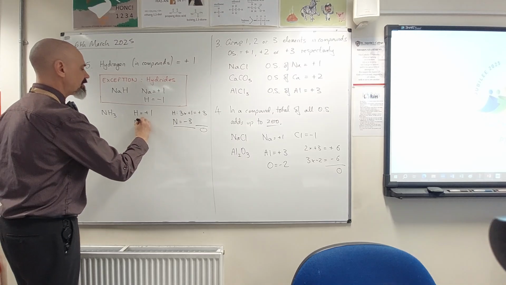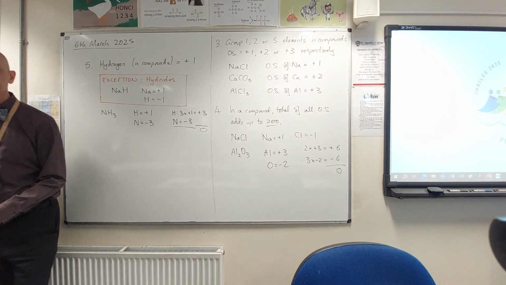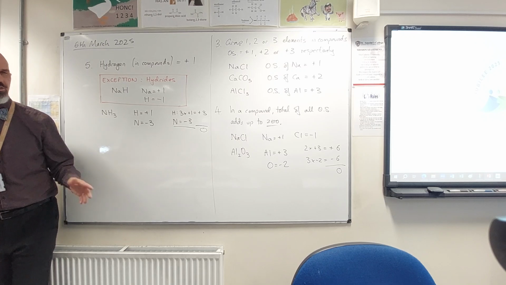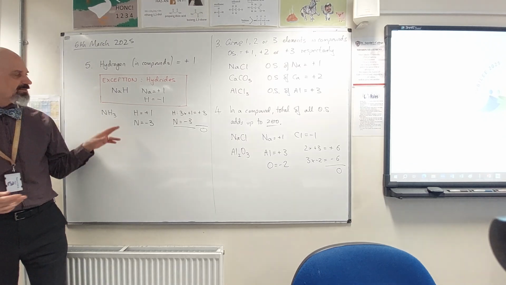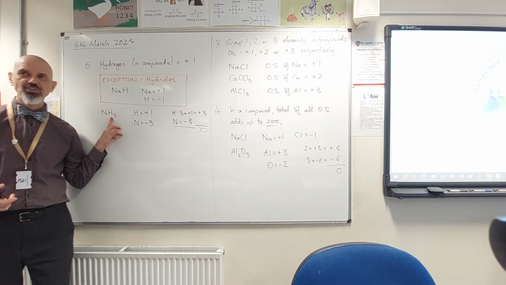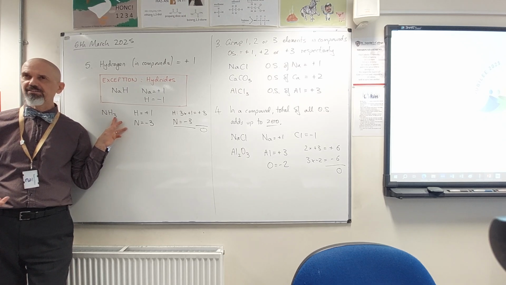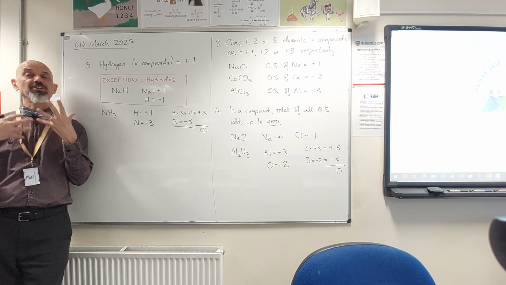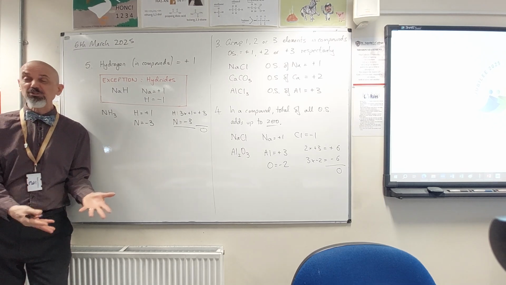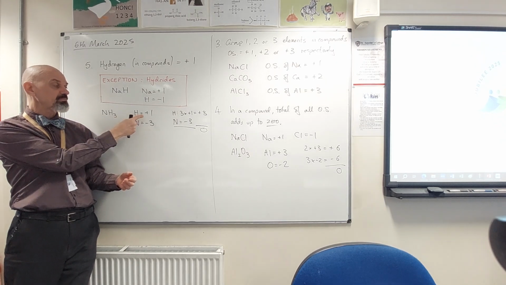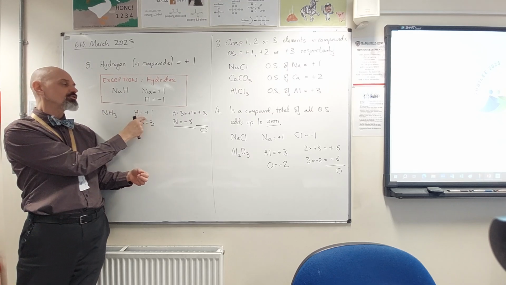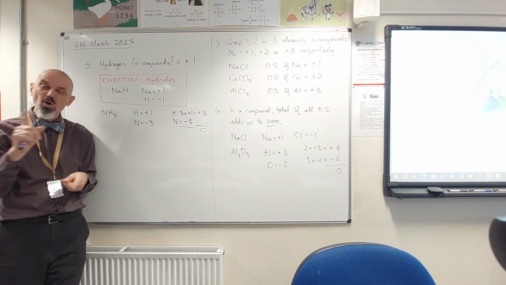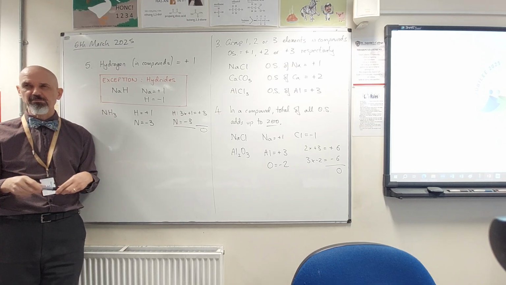Okay, nitrogen's -3. I just mention at this stage, because there's often a habit of saying hydrogen has an oxidation state of +3. There's 3 of them, so the total contribution of hydrogen to the molecule is +3, but each hydrogen has an oxidation state of +1. It's always the oxidation state of one atom on its own that matters.